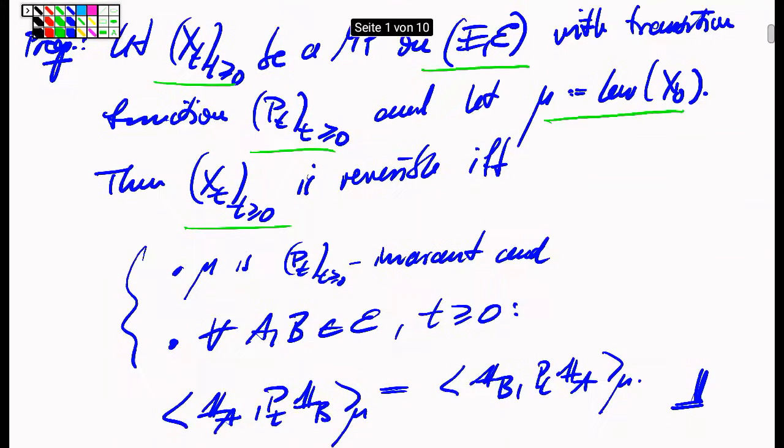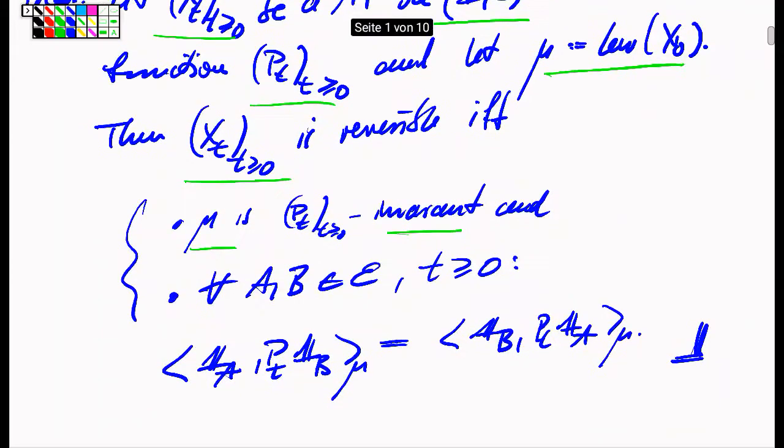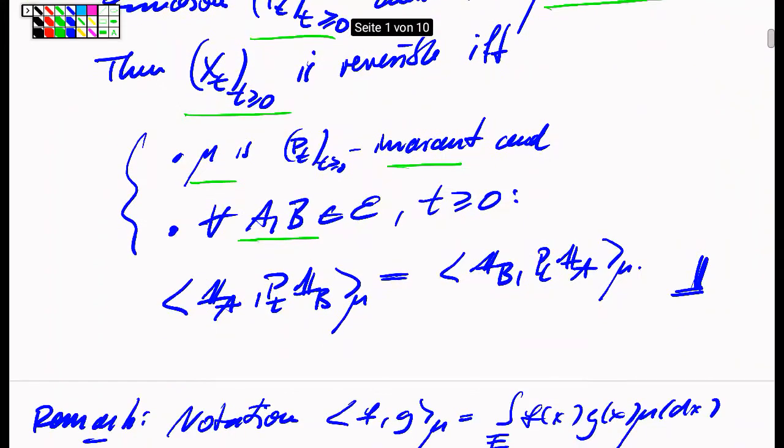Then this process is reversible if and only if, first, this law is invariant under the action of the corresponding transition function, and secondly, we have the following symmetry condition, which says that for any measurable subsets A and B in our state space, the following expression is symmetric, namely we can hit the indicator function of the set B with the transition function P_t at any time t, and we can take this in the L2 inner product with respect to that measure mu.